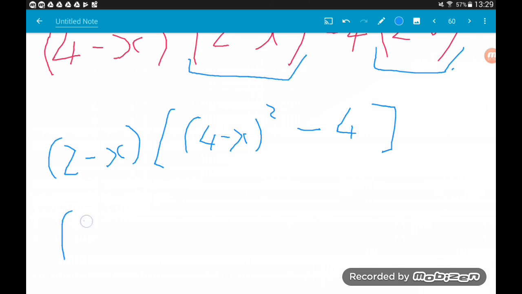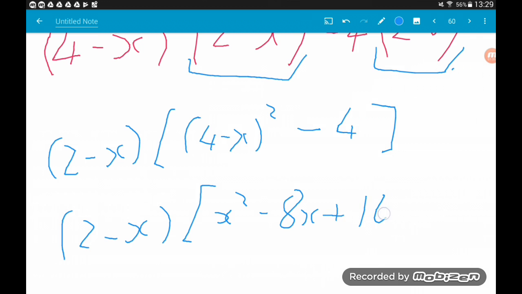So, we've got 2 minus x on the outside. On the inside, if we expand 4 minus x squared, we're going to get x squared minus 8x plus 16, and then we've got the minus 4 on the end, like that.